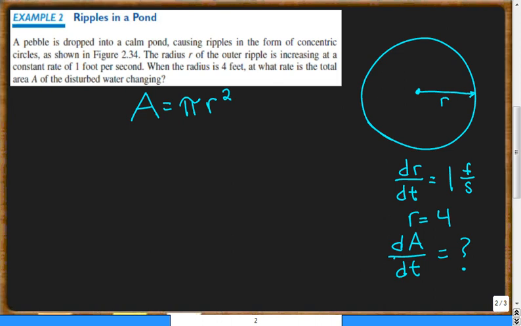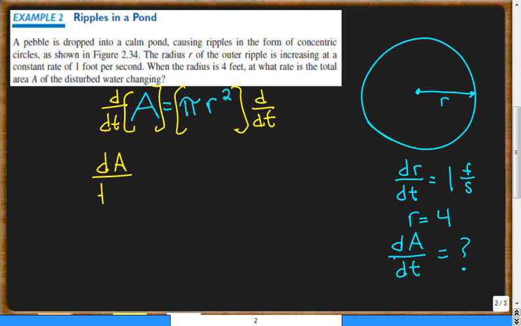And so now that we have that, we need to take the derivative with respect to time of both sides. So the derivative of A is going to be dA dt. And the derivative of the other side, remember pi is just a coefficient.